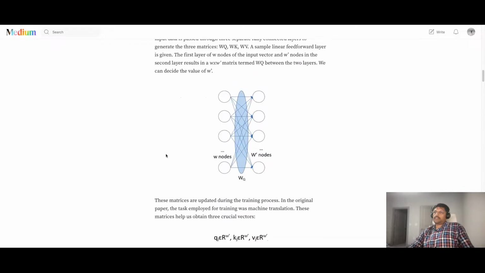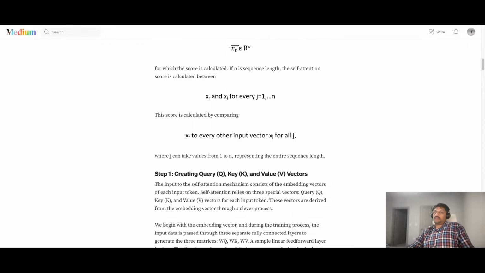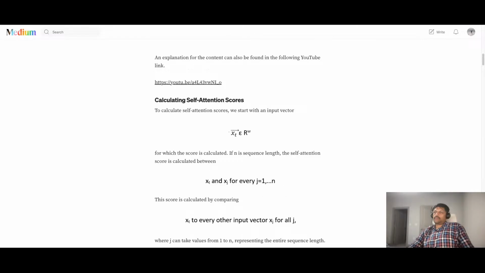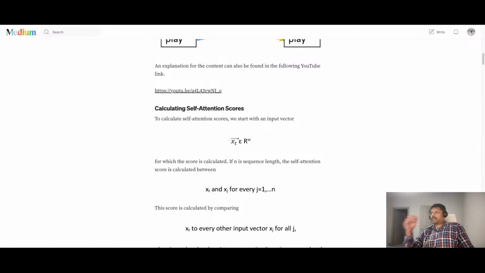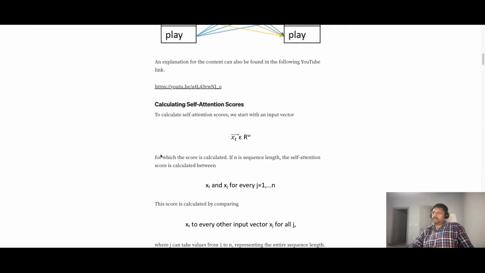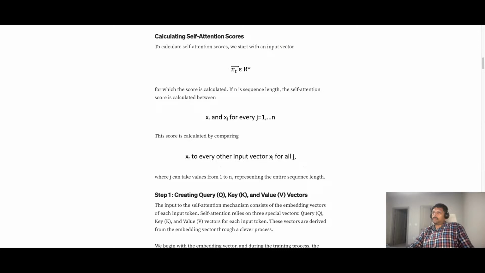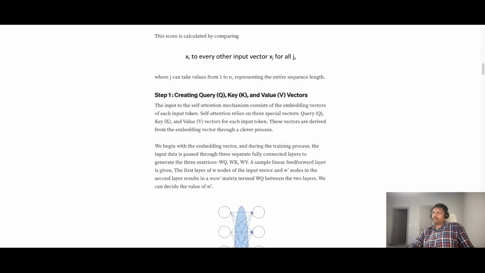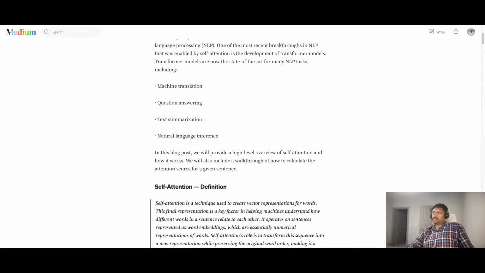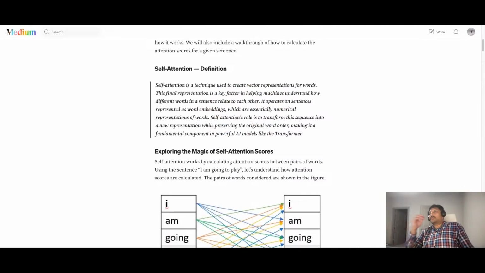So let's go. We start with an input vector.